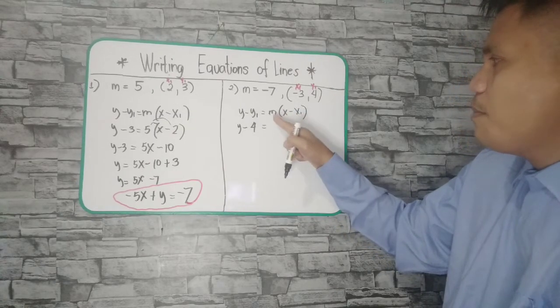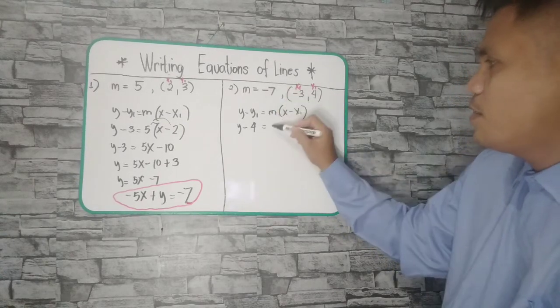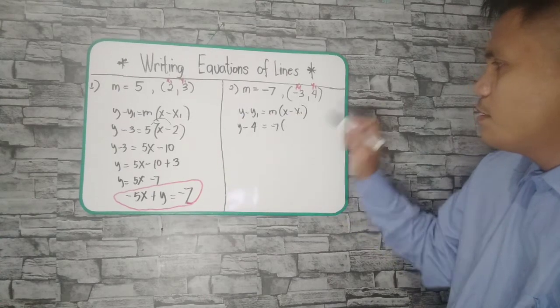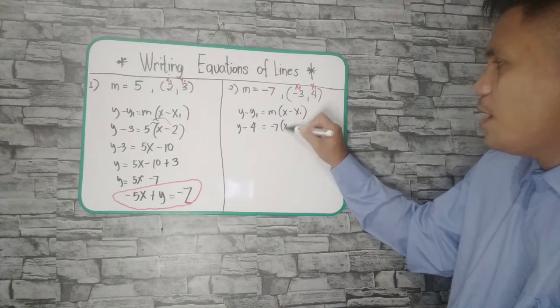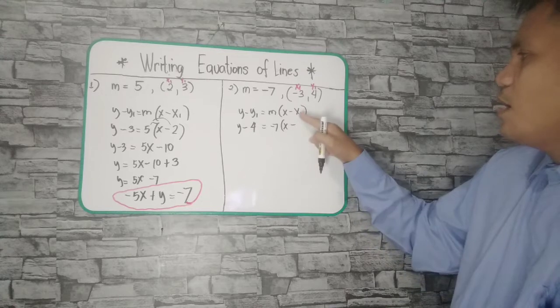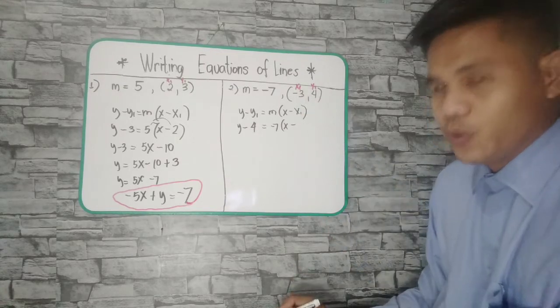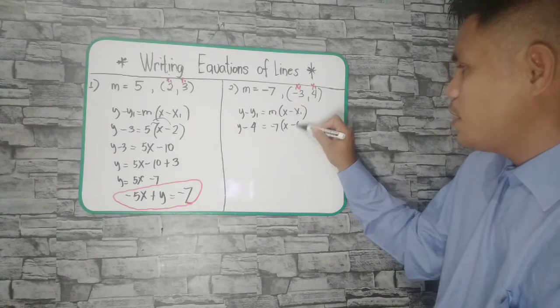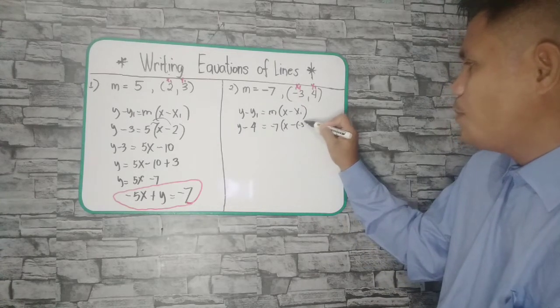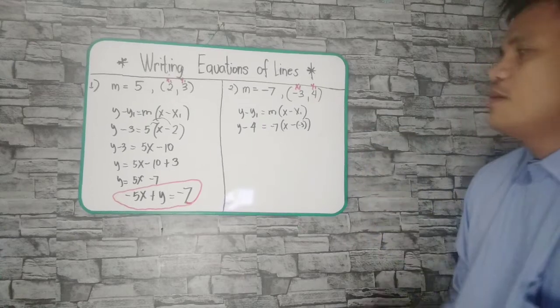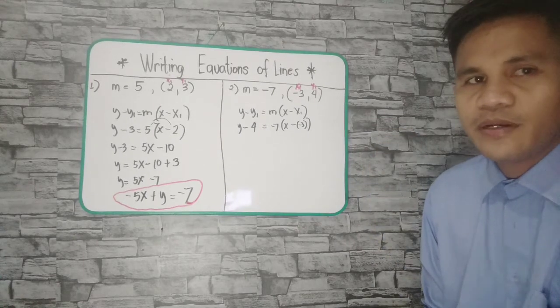Equals m, or the slope, is negative 7. Parenthesis, variable x minus x sub 1. What is our x sub 1? That is negative 3. Since it's negative, let's use open and close parentheses. So there you go.